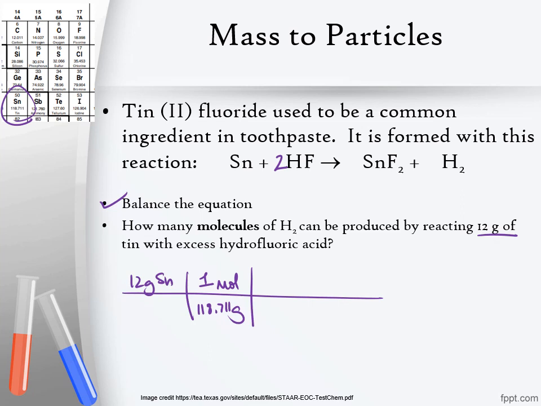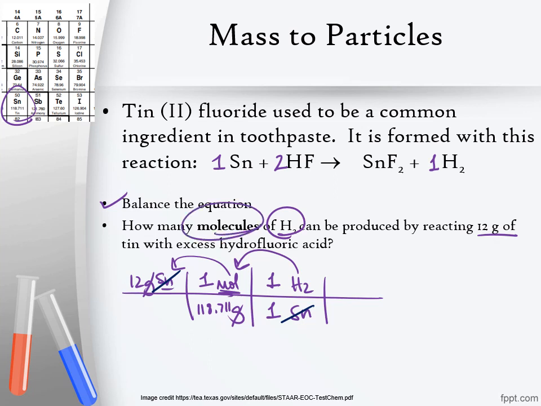Now that I have canceled out our grams and we've got moles of tin, as soon as we have moles, we can use our mole ratio. Tin is going to go on the bottom. I want to get rid of it. I want to turn my tin into hydrogen, put H2 on the top. I have invisible 1 and invisible 1. This is going to make our math super easy. So now we have canceled out tin, top and bottom. We're left with moles of hydrogen, but I don't want moles of hydrogen.